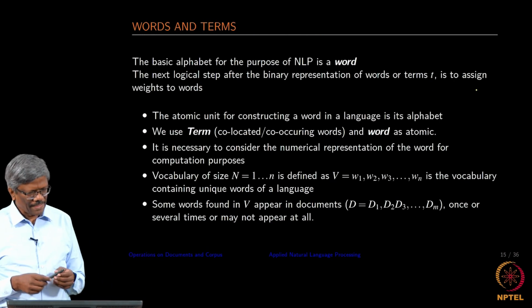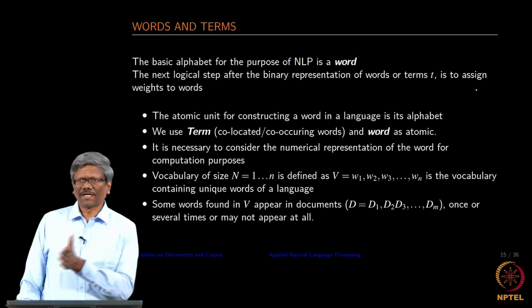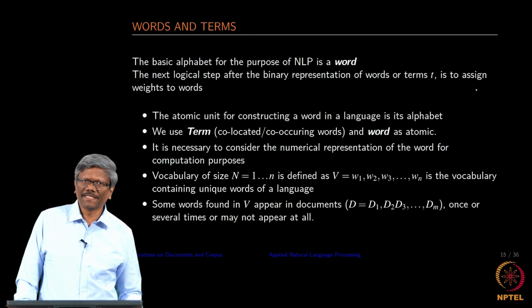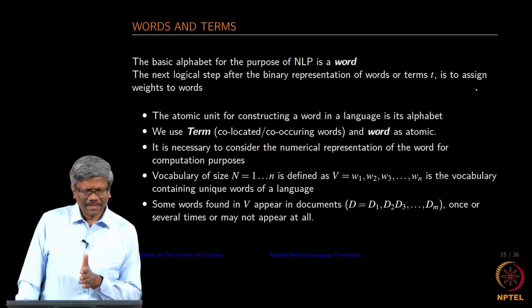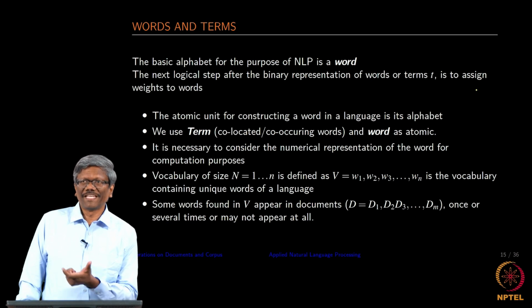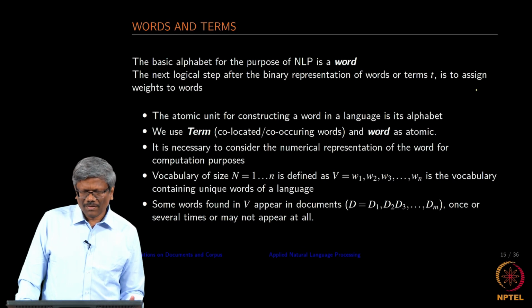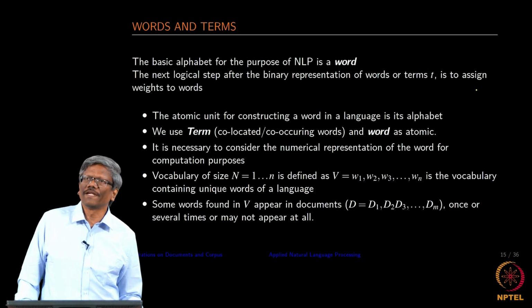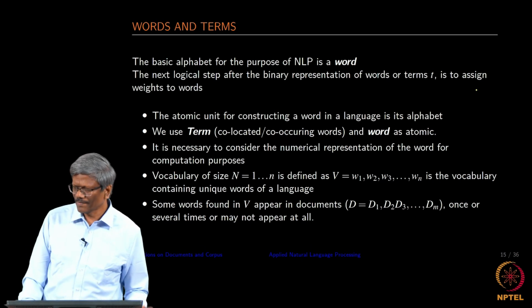So, now what we have seen is that after tokenization, words come into play. The basic purpose of NLP is to identify the meaning of the words found in the corpus. So, what is the next step? The next logical step would be to find out how many times a particular word has occurred in a document or in a corpus.